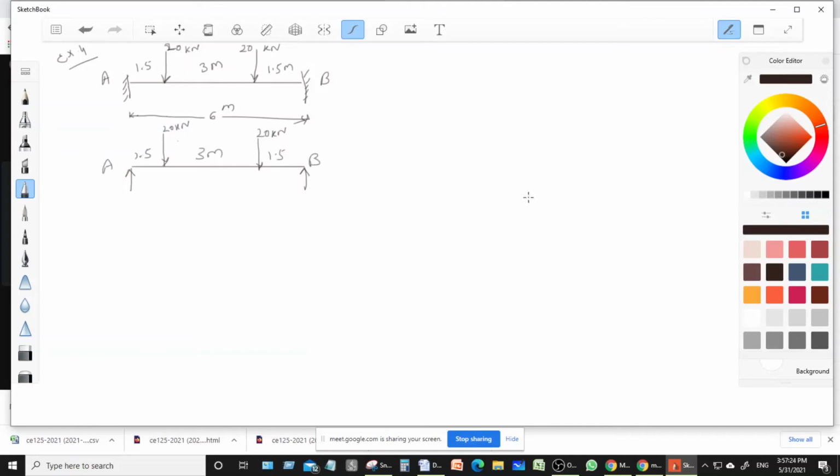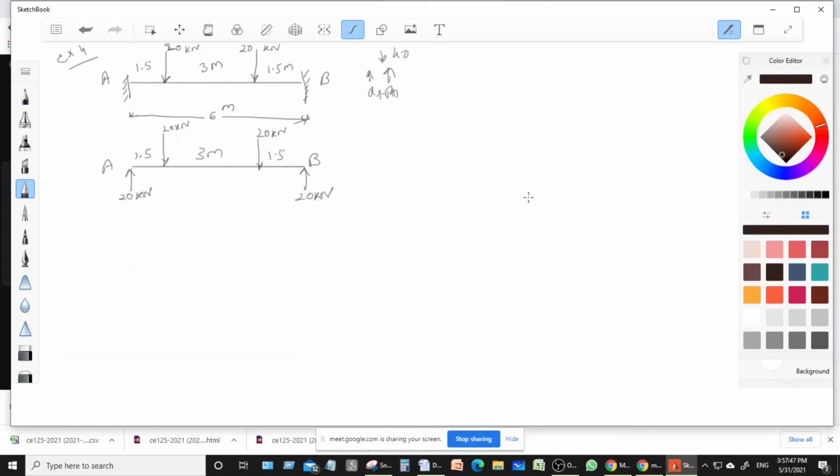Now see, what will be the moment? It is a symmetrical loading. So 20 plus 20, that is 40 kilonewton downward force, and you have the two upward forces, RA and RB. So RA and RB will be 20 individually. RA is 20 kilonewton and RB is also 20 kilonewton.